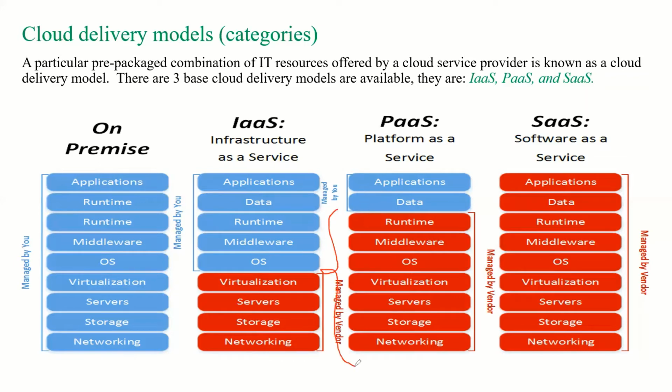Okay, so here from the last 8 services, the runtime, middleware, operating system, virtualization, servers, storage, networking, these services are managed by your cloud service provider. In our case, it is AWS. So we, as a user, we will manage only the applications and the data. Our ownership is only limited to applications and the data.